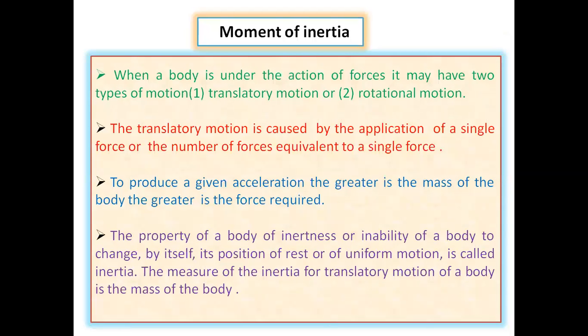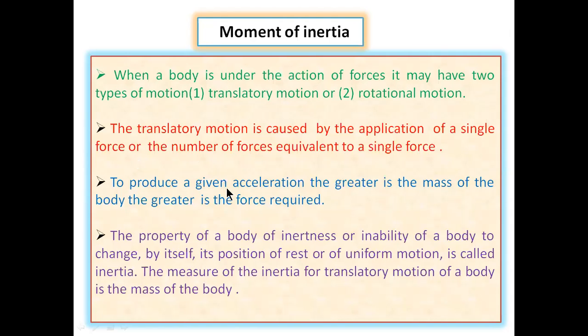Now the introduction to moment of inertia. When a body is under the action of forces, it may have two types of motion. Number one, translatory motion, and number two, rotational motion. The translatory motion is caused by the application of a single force or a number of forces equivalent to a single force.